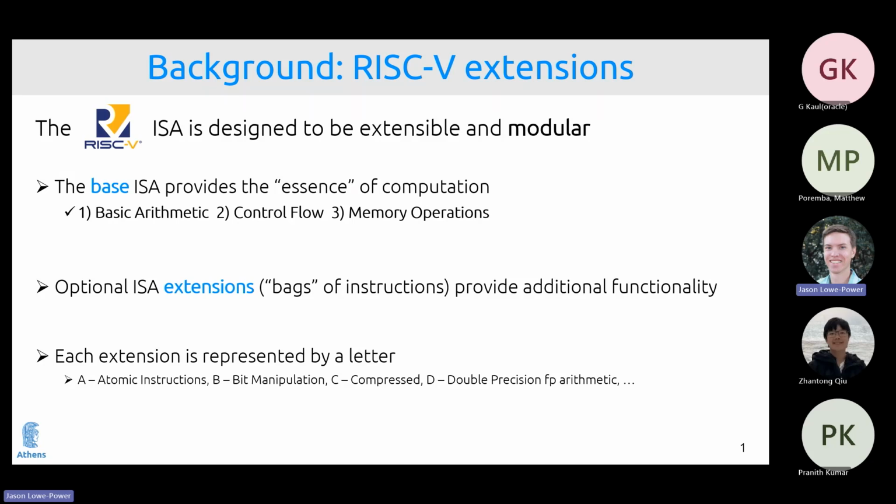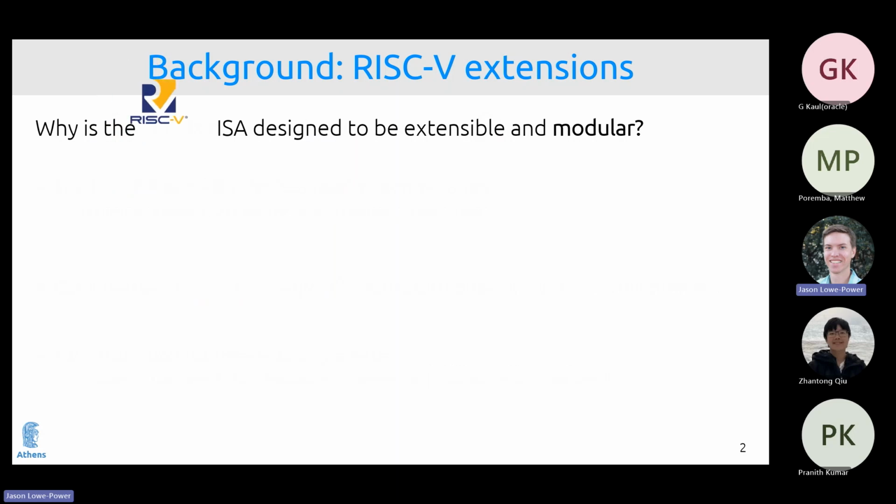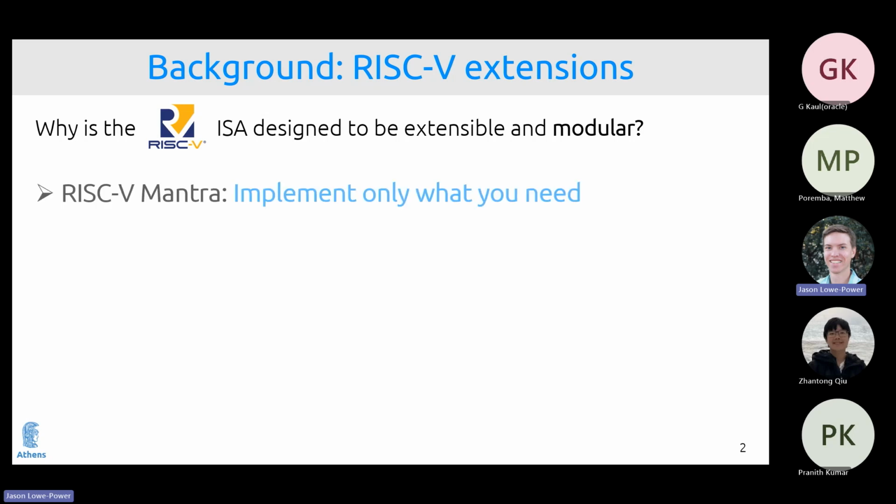You get the idea. And a natural question is, why would you want this modular design in the RISC V ISA? And the answer is, what we gain is that when we design hardware and implement it, we only implement what we actually need. That's what you get out of the modularity of the ISA.